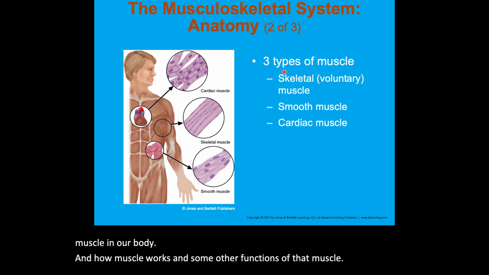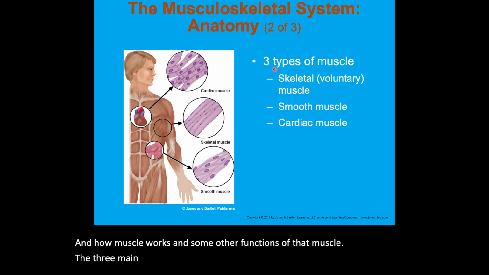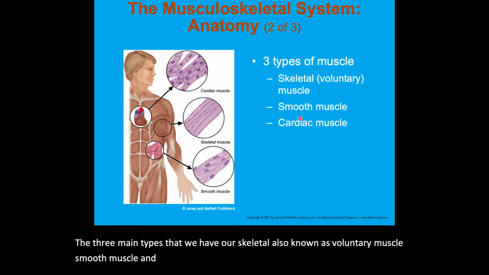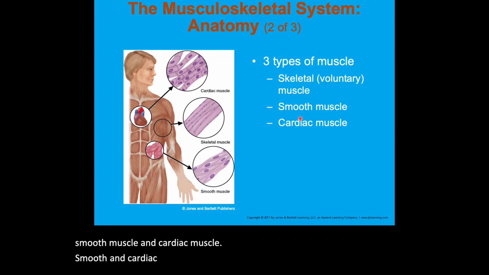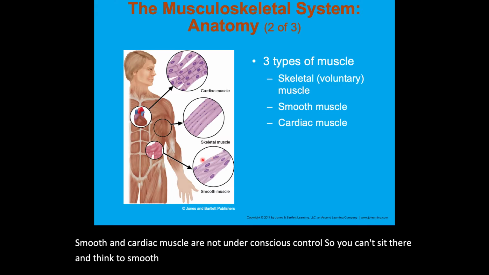The three main types that we have are skeletal, also known as voluntary muscle, smooth muscle, and cardiac muscle. Smooth and cardiac muscle are not under conscious control. So you can't sit there and think to smooth muscle, which is typically located in our intestine, to move.